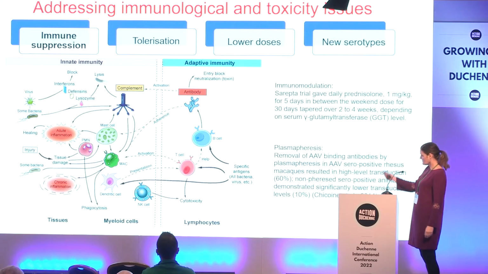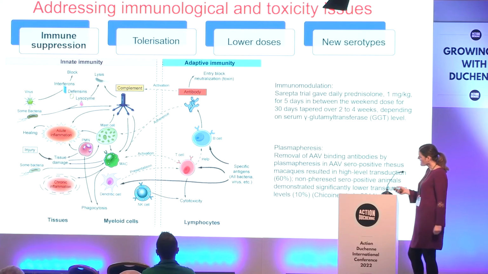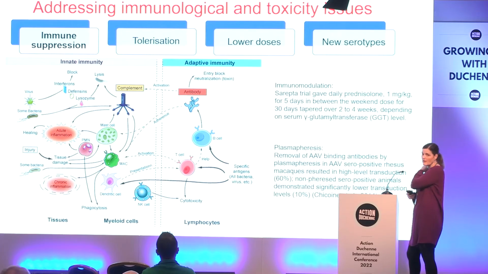So this is a complicated diagram, and I apologise for that, but it just shows you how complicated the immune response is. So again, as Annemieke has laid out, the AAV is a virus, and most of us are infected with the virus. It causes the common cold, in different forms, and we will have raised antibodies to those viral infections.